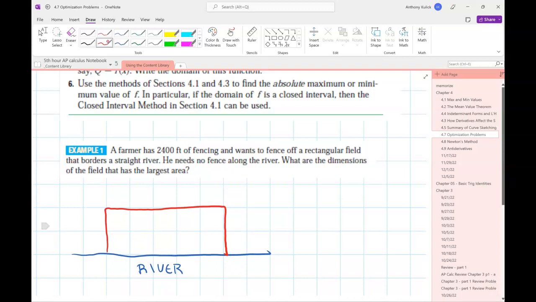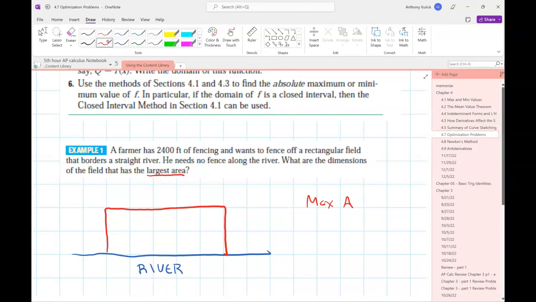Let's introduce some notation here. What am I trying to maximize here? Area of the field. So I'll write a little note to myself that I want to maximize the area. What shape is this field?